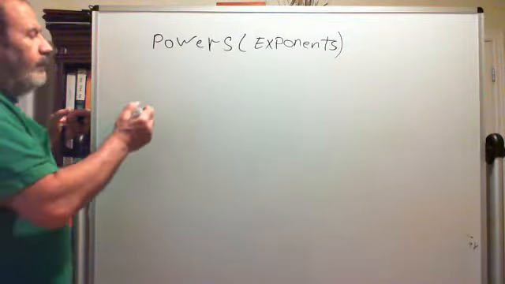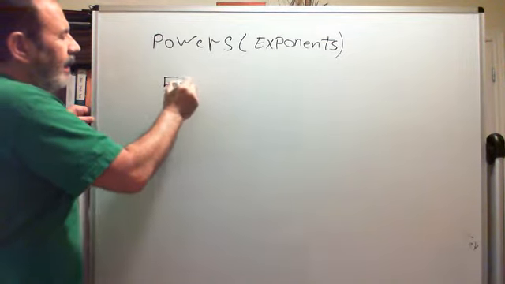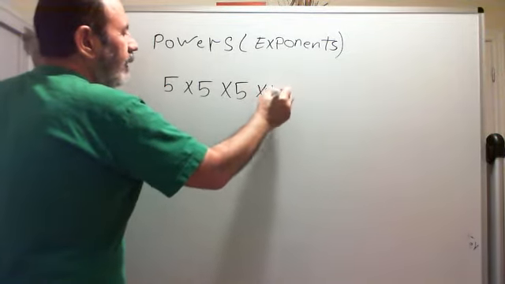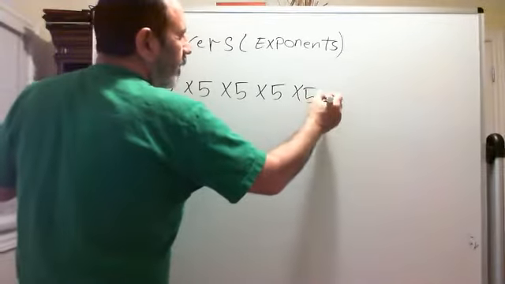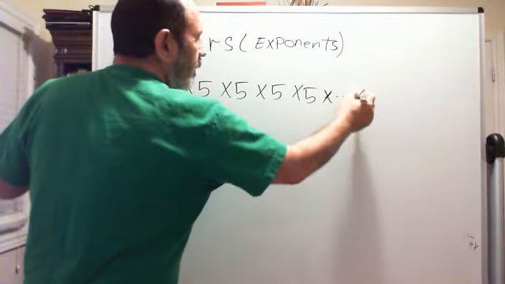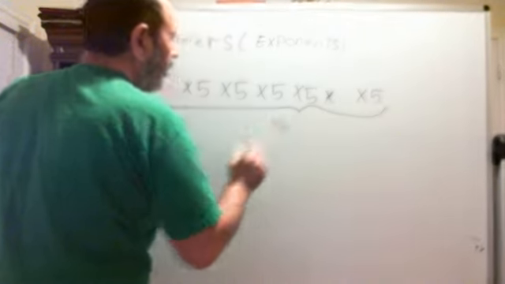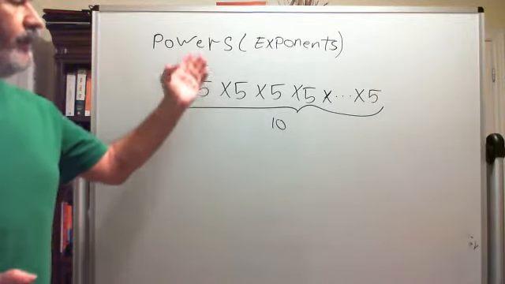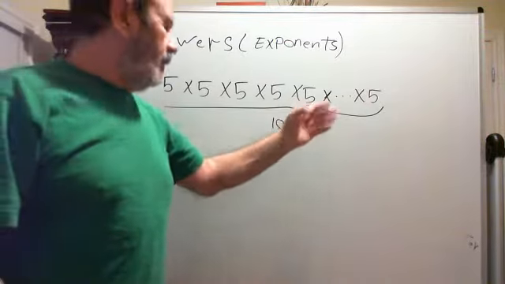Look at this one. If I want to multiply 5 by itself, 5 times 5 times 5 times 5 times 5 times 5. Let's say I want to multiply 5 by itself 10 times. 5 multiplied by 5 multiplied by 5, 1, 2, 3, 4, 5.